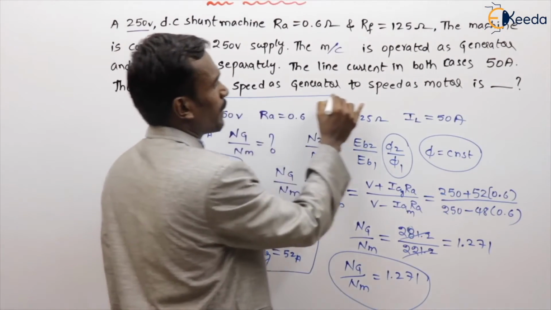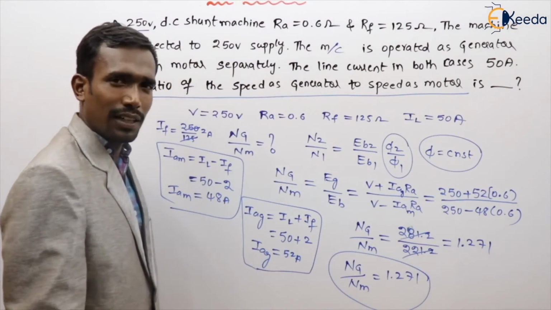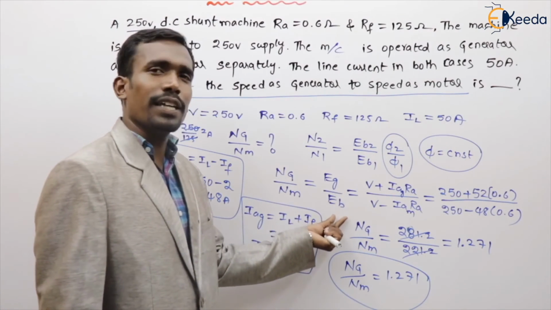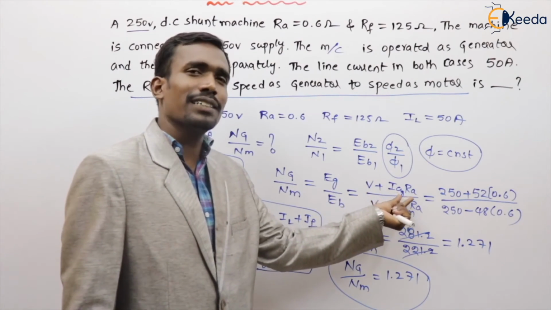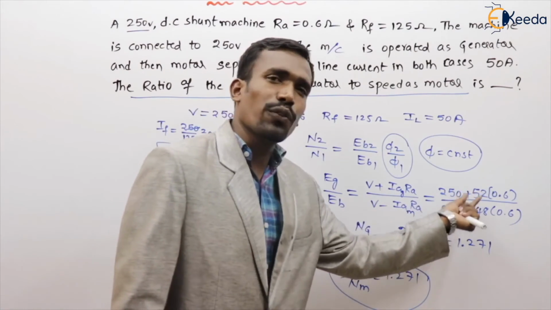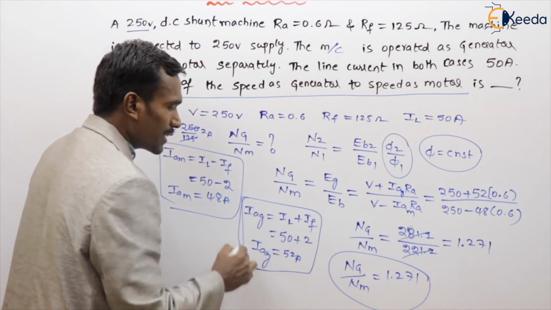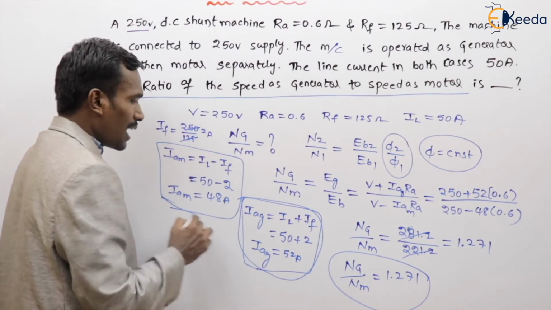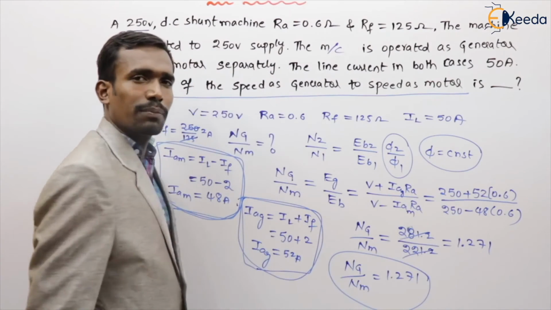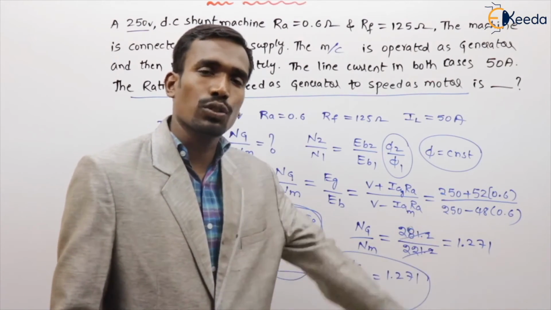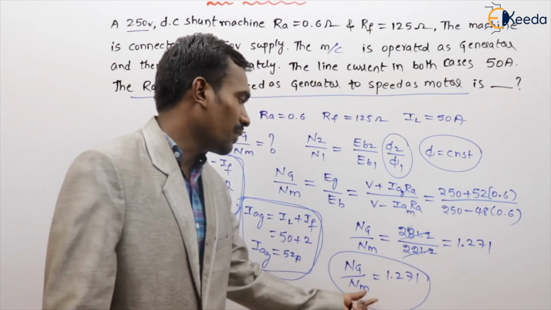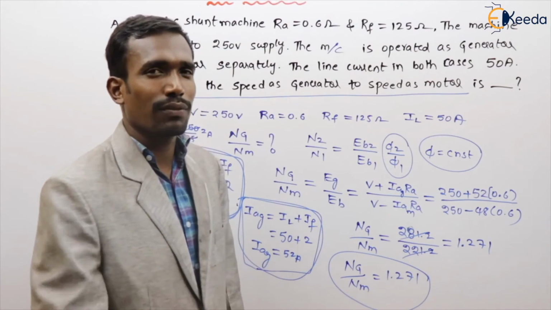What did they ask? The ratio of speed as a generator to the speed as a motor, which equals Eg by Eb. Eg equals V plus Iag into Ra, divided by V minus Iam into Ra. Substituting the armature currents of generator and motor, we get 281.2 by 221.2, which is 1.271.